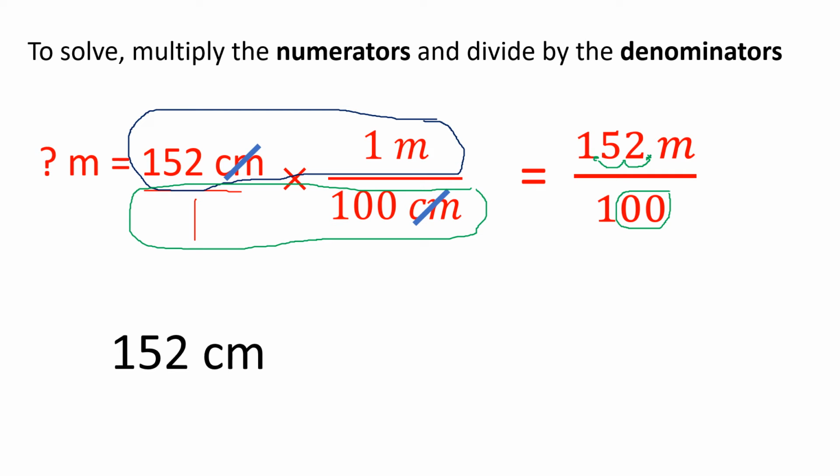So 152 centimeters, we'll go over this again, is equal to 1.52 meters. So we have essentially solved this because we were looking for meters. So 152 centimeters, we use our conversion factor, and then we were able to divide the numerators by the denominators, and we came out with our final answer for example 1 as 1.52 meters.